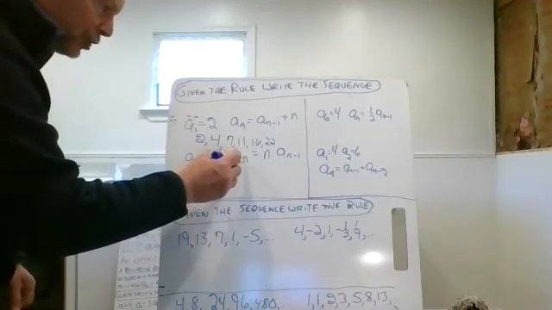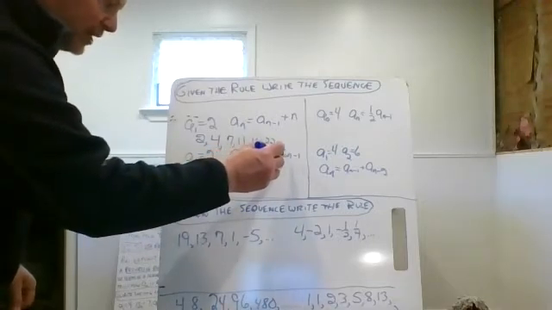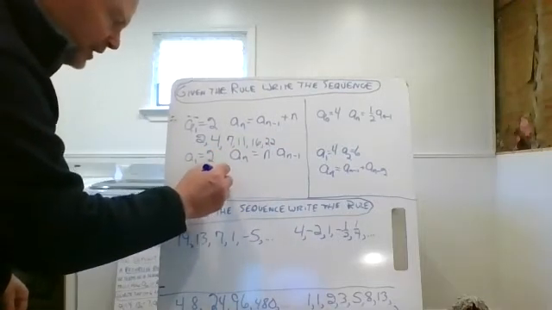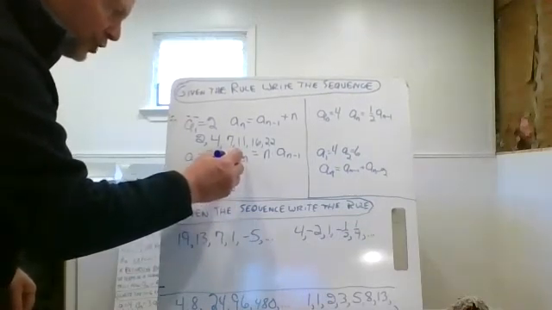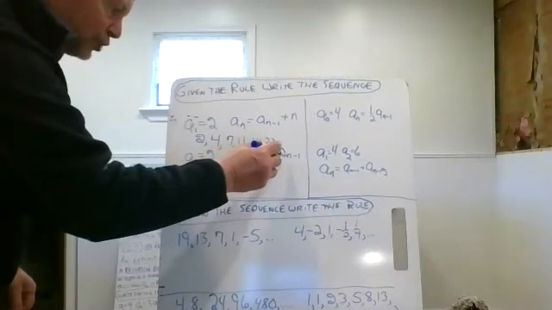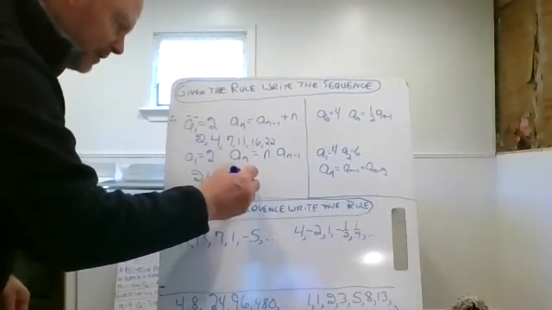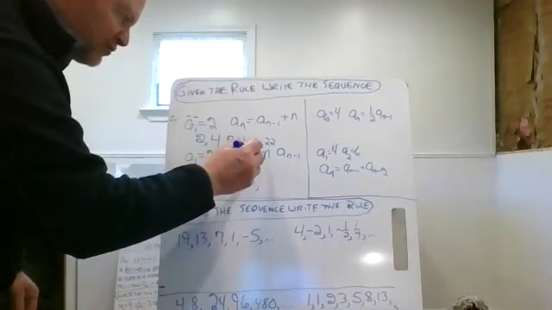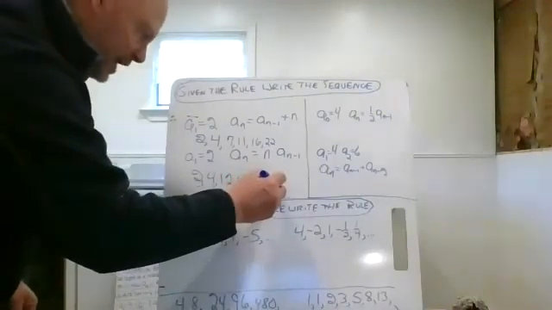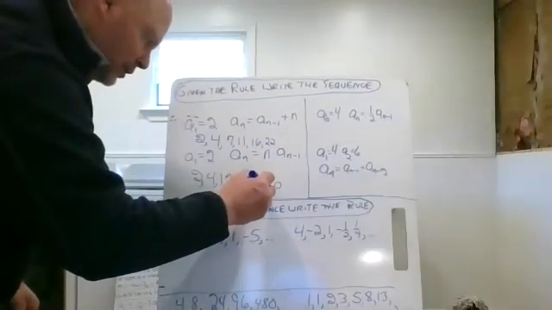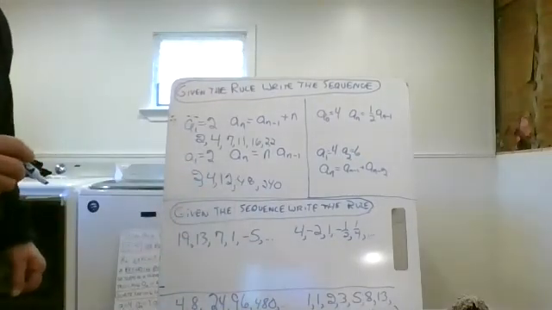Your third term, a sub 3, is 3 times your second term. 3 times 4, 12. Your fourth term is 4 times your third term, 48. Fifth term is 5 times the fourth term. 5 times that, 240. So on and so forth.